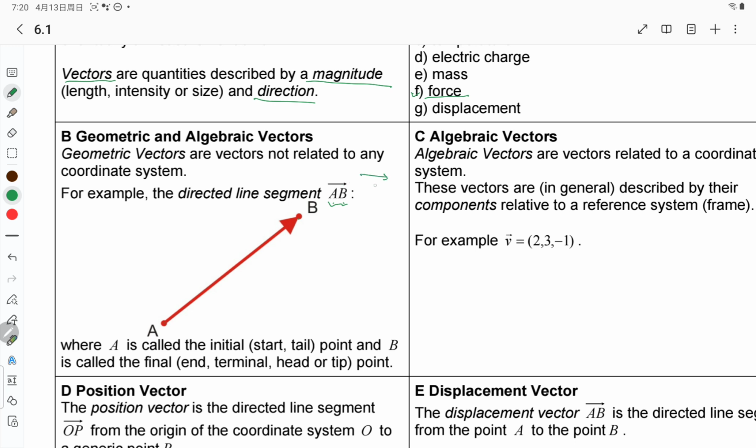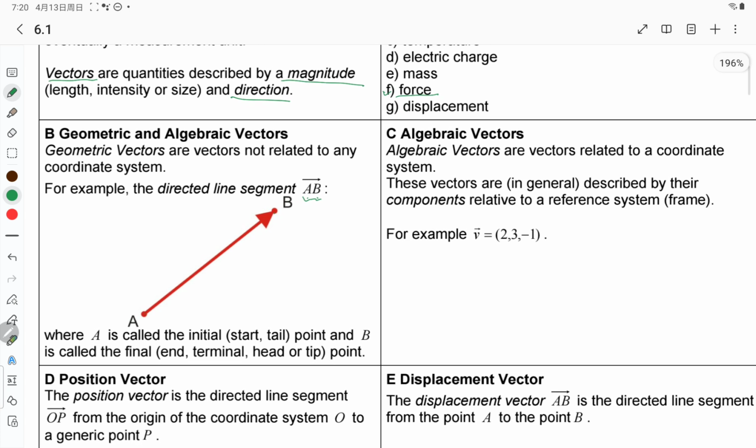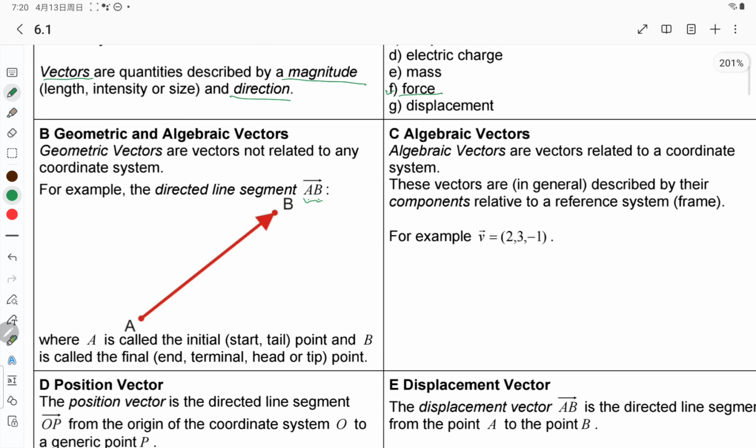This arrow is the direction, right? Directed from A to B, this is a directed line segment called vector AB. So a vector can be defined by 2 points.